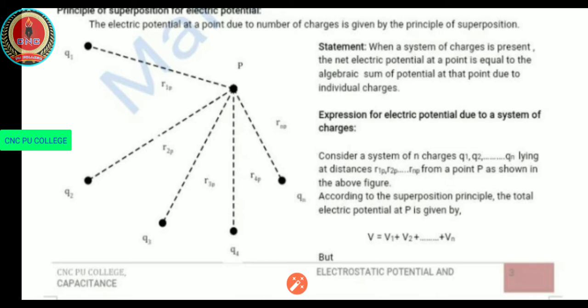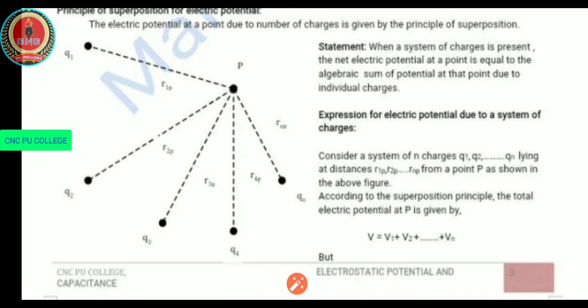Observe the diagram carefully: we have the common point P with respect to the different charges, and we have the respective distances. Now consider a system of n charges q1, q2 and so on up to qn, lying at distances r1p, r2p, and so on up to rnp respectively from a common point P as shown in the figure.